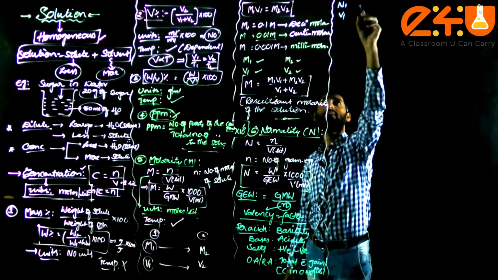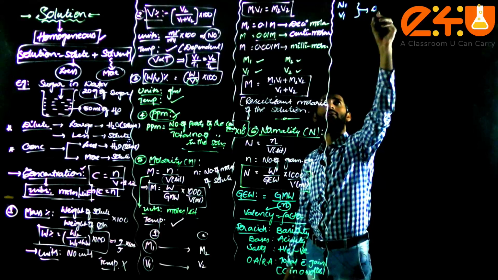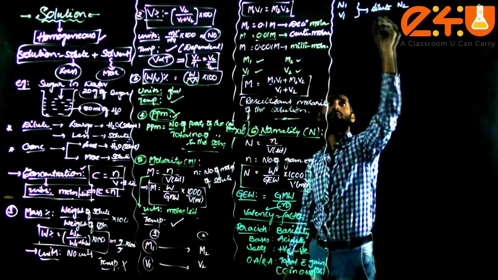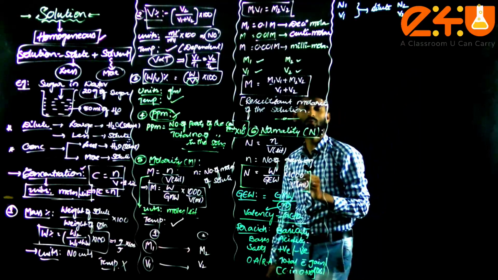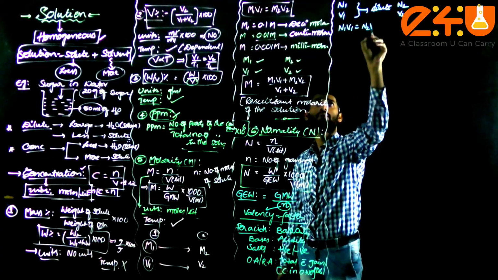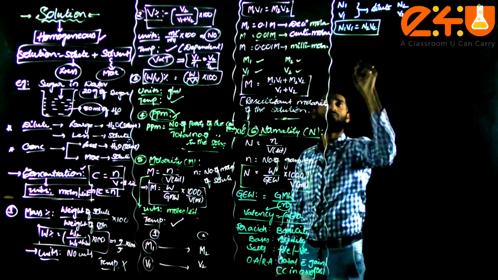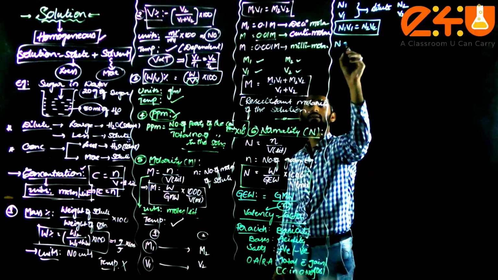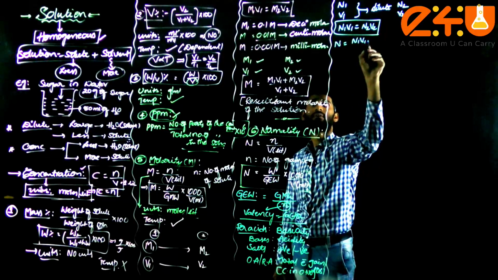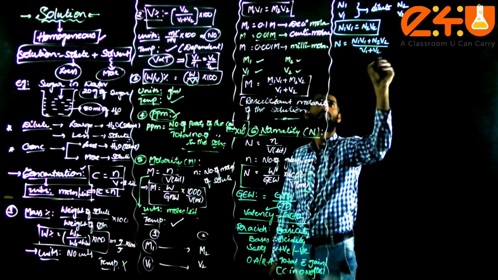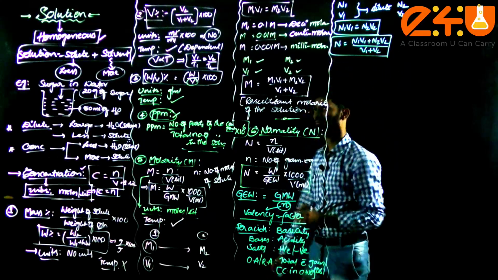After it is diluted, the normality changes from N1 to N2 and volume from V1 to V2. Then we have the relation N1 V1 is equal to N2 V2. This is the formula. If they ask us to calculate resultant normality, here also N1 V1 plus N2 V2 divided by V1 plus V2. This is a very important formula, dear students.